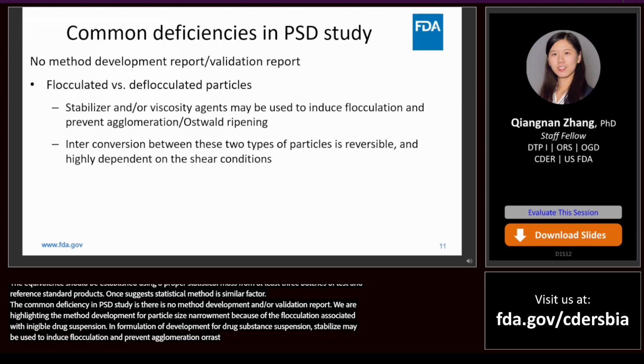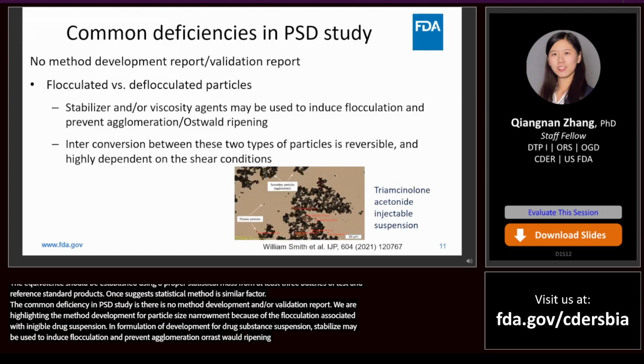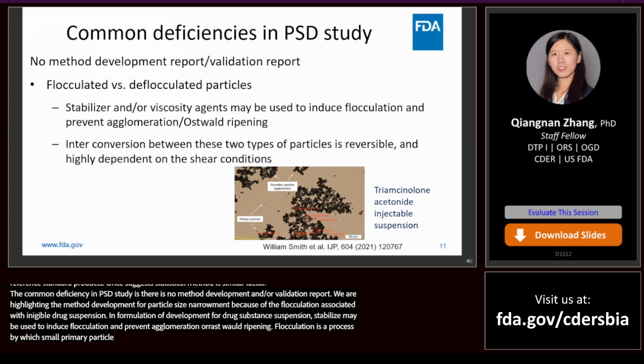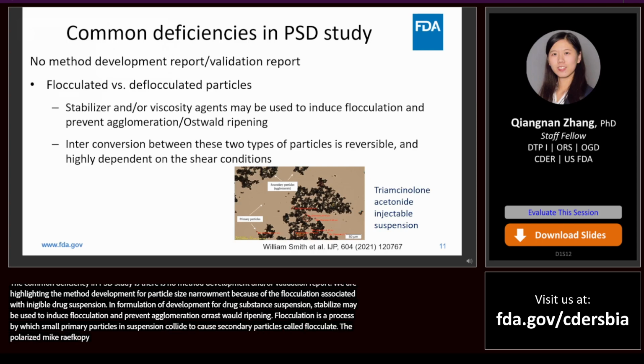Flocculation is a process by which small primary particles in suspension collide to form loosely held larger secondary particles called flocculates. The polarized light microscopy here shows what it looks like.